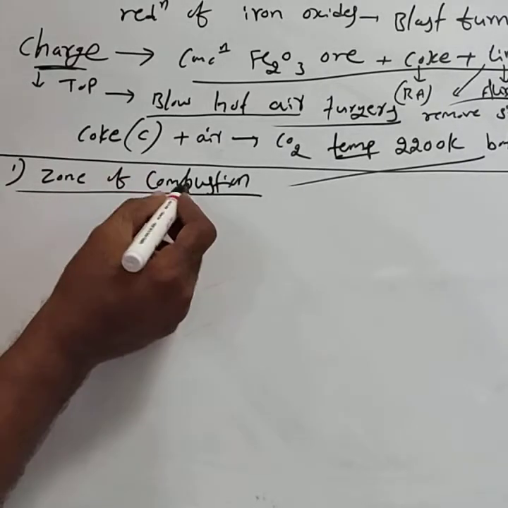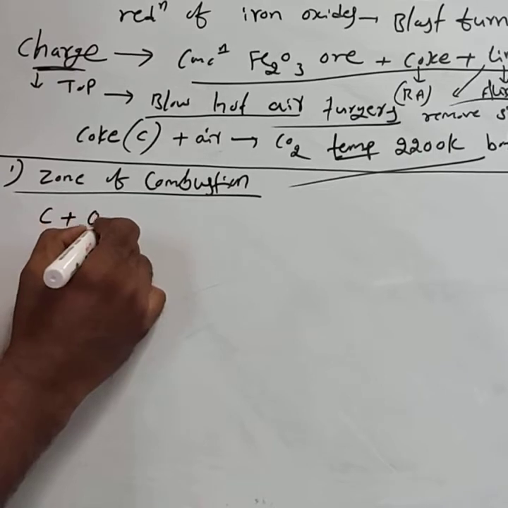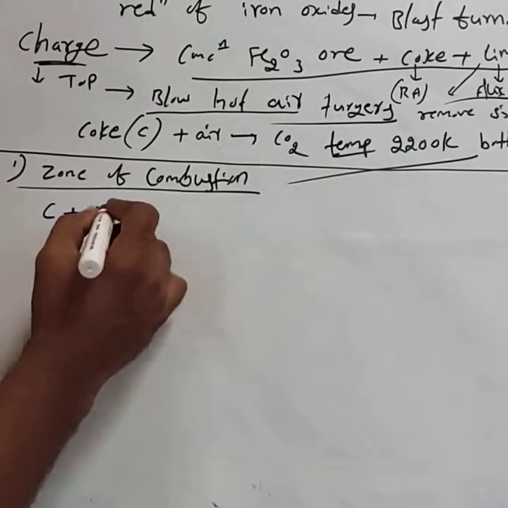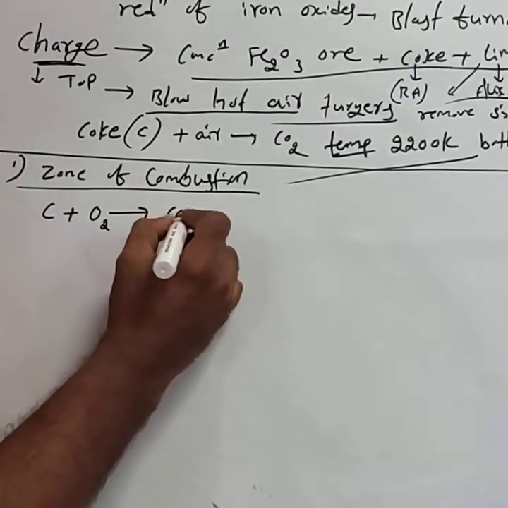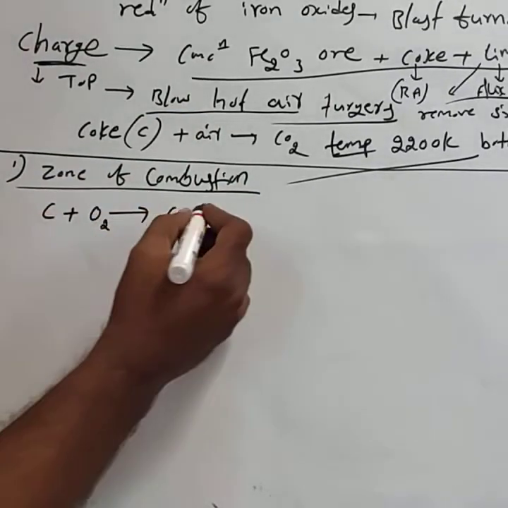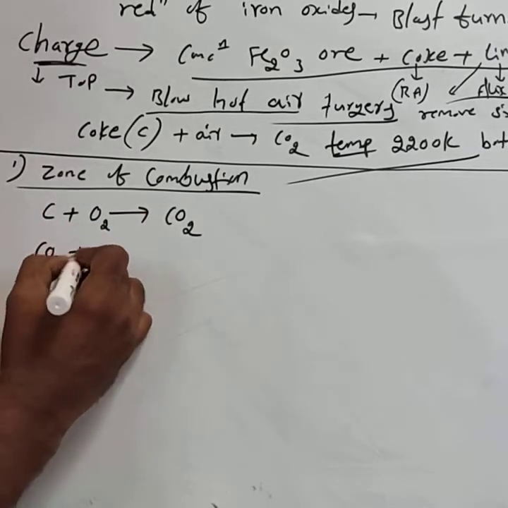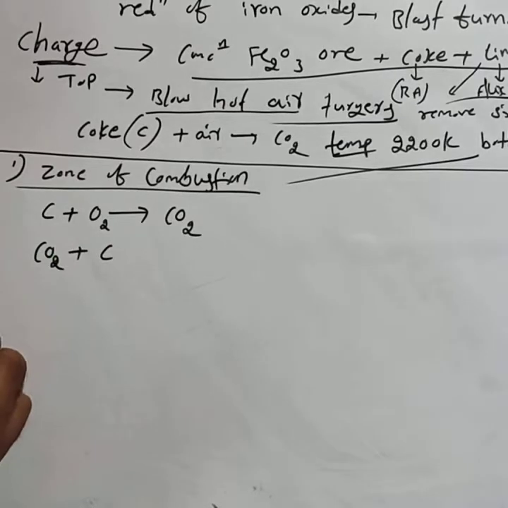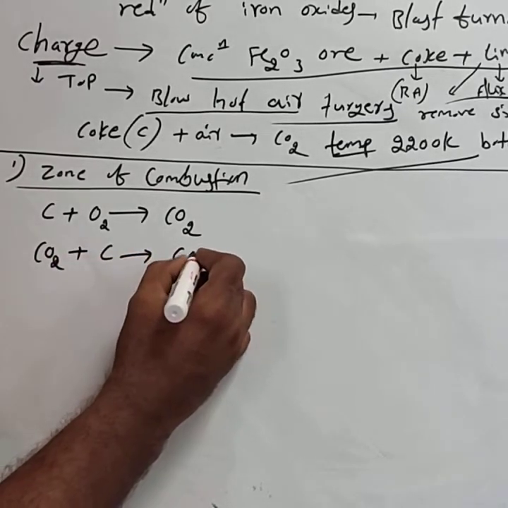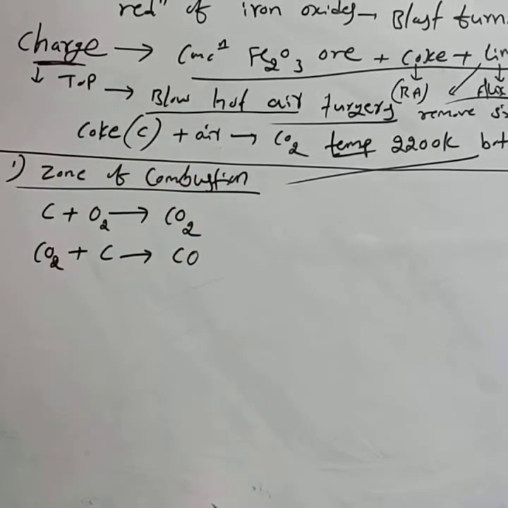In this zone, carbon combines with oxygen and forms carbon dioxide. Then the formed carbon dioxide further combines with the coke and forms carbon monoxide. This is the zone of combustion.